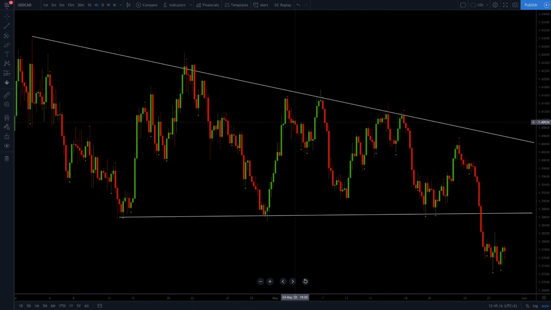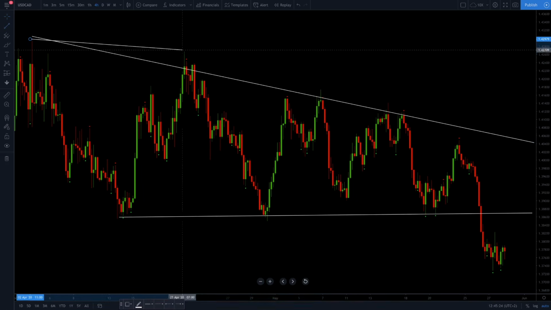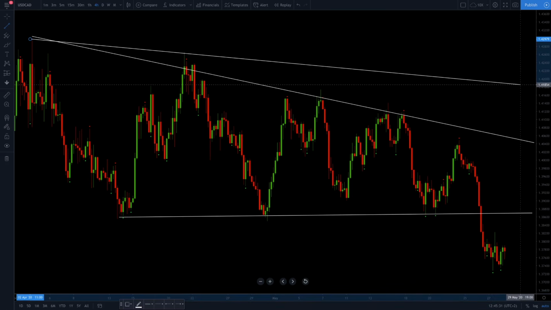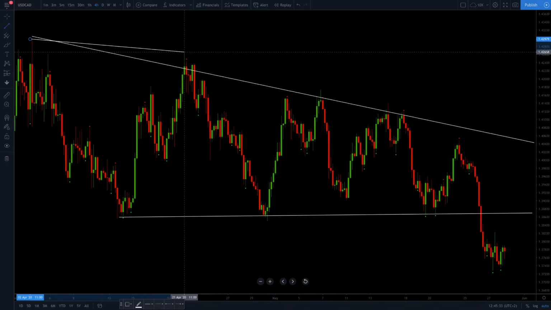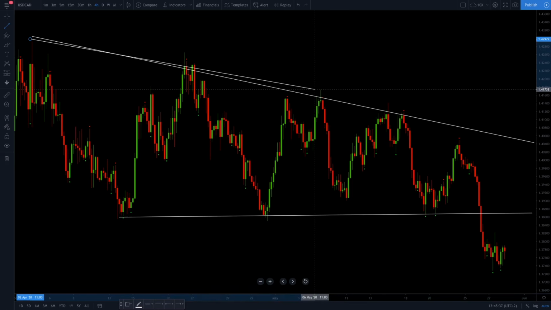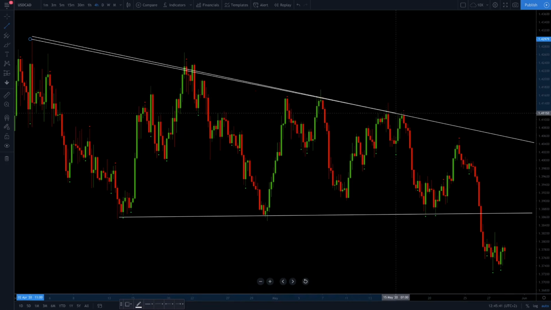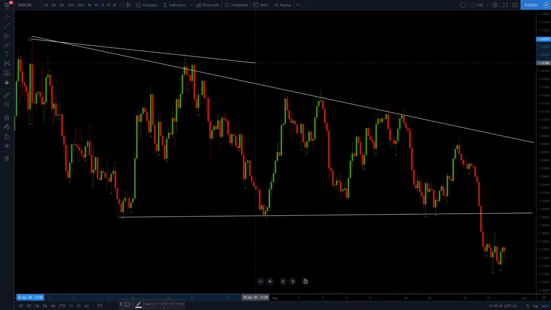I still think of these levels as zones. They're not exact. For example, if you would draw exactly from this top to this top here, it would not be as accurate. Of course, if you see that we didn't come up quite to this level, then you can move it down. Basically, you're trying to connect these as we go.